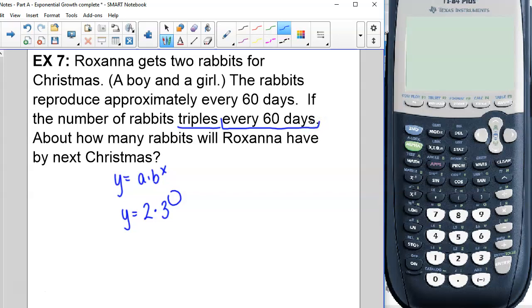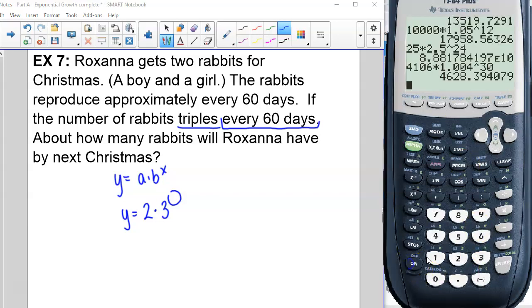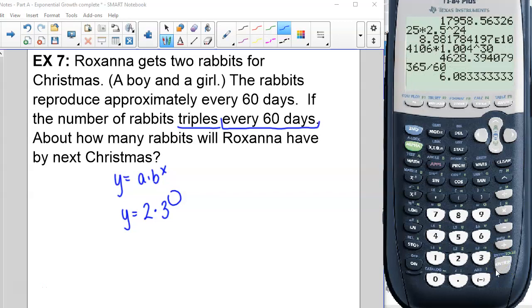So I need to figure out how many 60-day periods I've got here. 365 days, and I'm going to divide that by 60. So I get 6.083 repeating. I guess I could use that, but it says about how many, so let's just use 6. That's pretty close to 6.